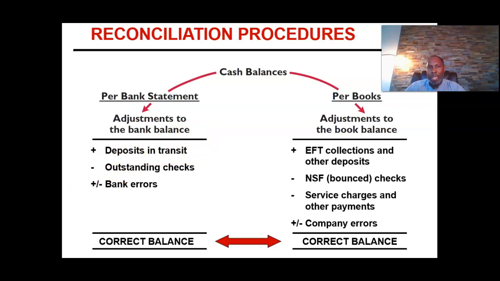So for example, if I make a deposit, say on March 30th, and my bank statement cuts off on March 31st, depending upon what time the deposit is made, that deposit may not be reflected on my March bank statement because it didn't make the cutoff time period. So a deposit made by the company, not recorded by the bank, is known as a deposit in transit.